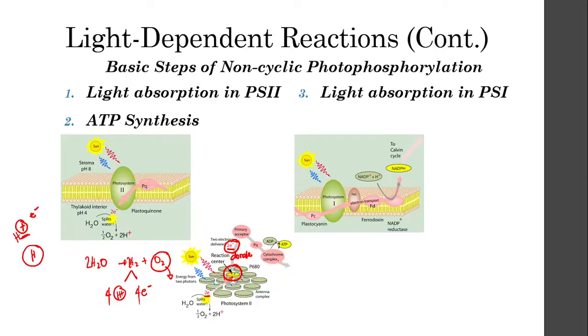We will go into detail on how this happens until this electron ends up in photosystem 1. The reason for that is that in photosystem 1 there's another reaction center that donates its electron.